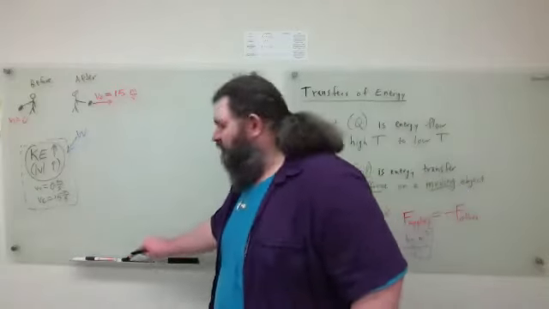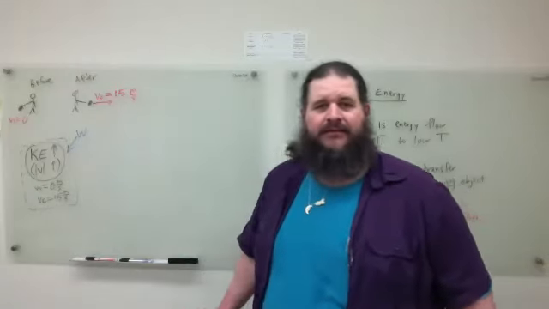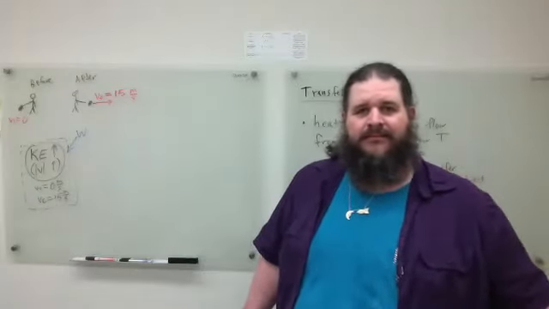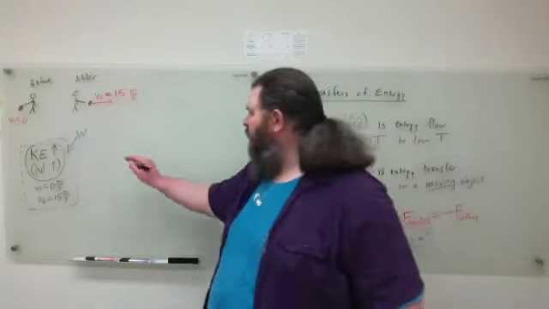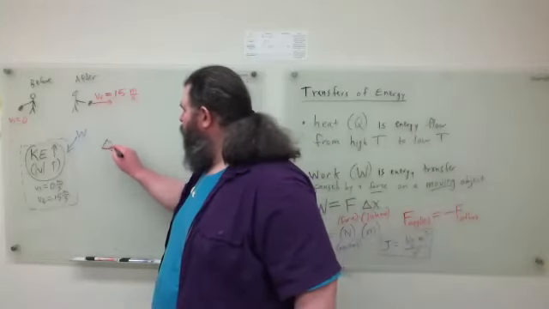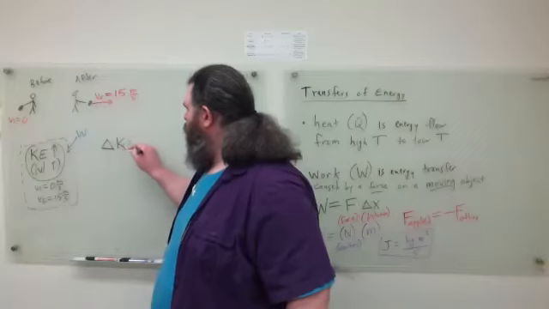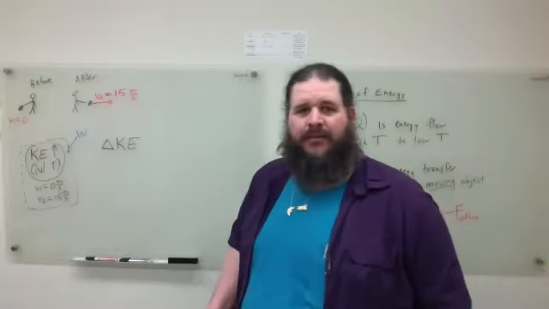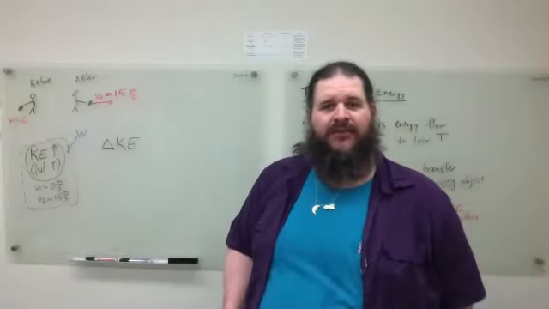So what would our conservation of energy equation look like then? We definitely have a change in kinetic energy. What can we say about that change in kinetic energy in terms of an equation?